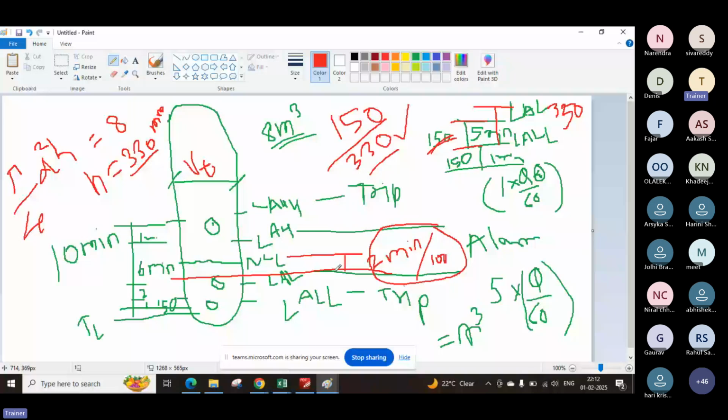Let me draw this, see if I can draw here.